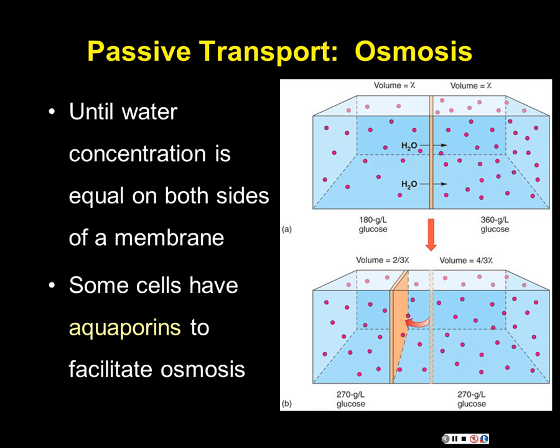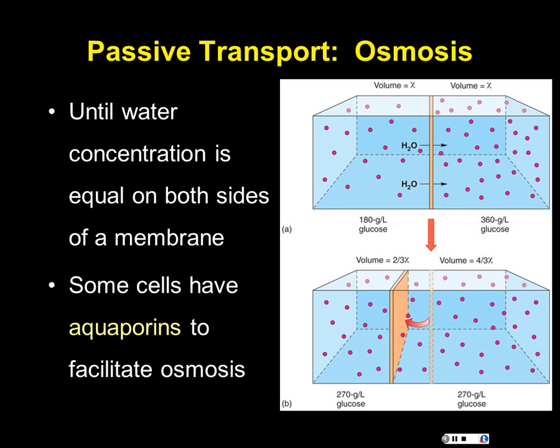I mentioned a moment ago, the whole point of osmosis is to try to equilibrate water and solute concentration. I also mentioned that cells may have these things called aquaporins. It may seem like a big word, but if you work through it backwards, it's a pore that's permeable for water.